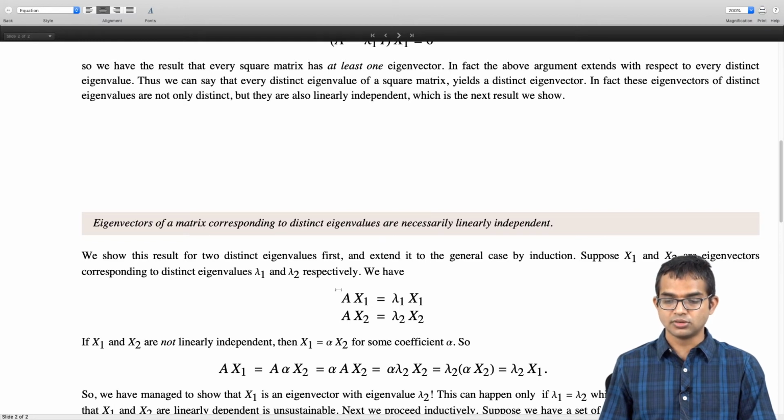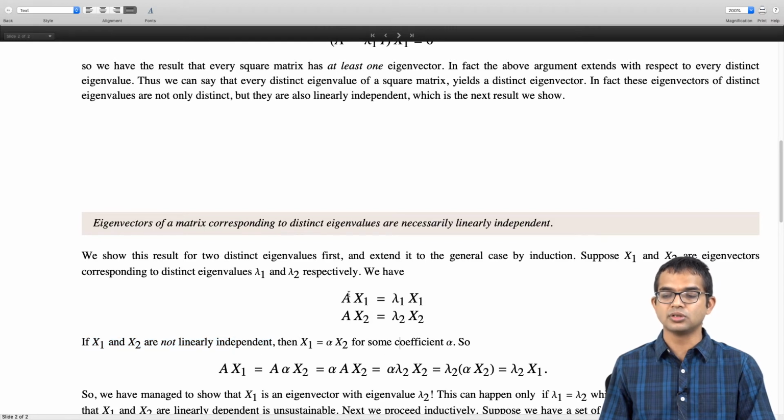So there is no way that this statement and A x1 is equal to lambda 2 times x1 can be consistent with lambda 1 not equal to lambda 2. So the only way this can be avoided is if our initial assumption is wrong. So x1 and x2 are not linearly dependent. So x1 and x2 are linearly independent, right?